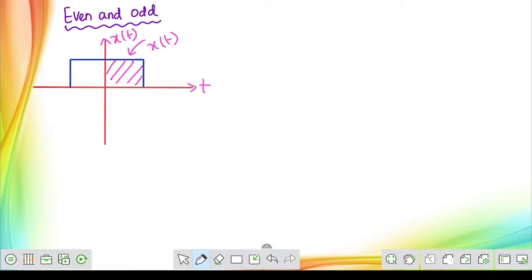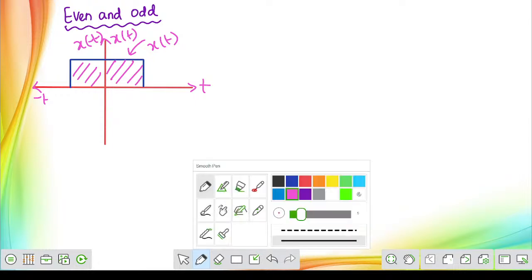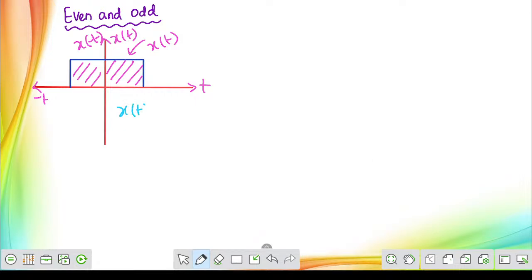Whereas on the left hand side, the value of t is minus t. On the y axis it is x, but on the x axis this is minus t. If you observe, x of t and x of minus t are both the same.